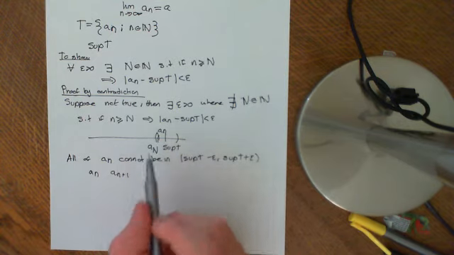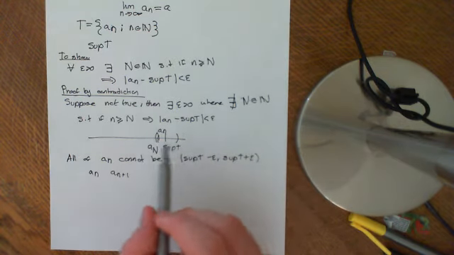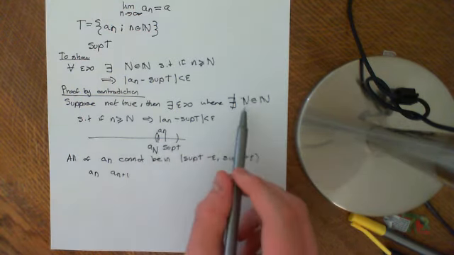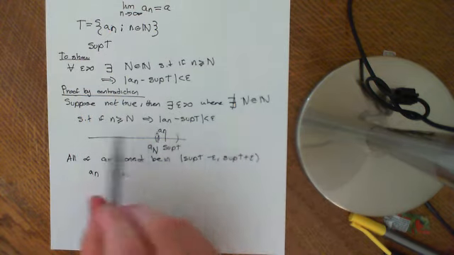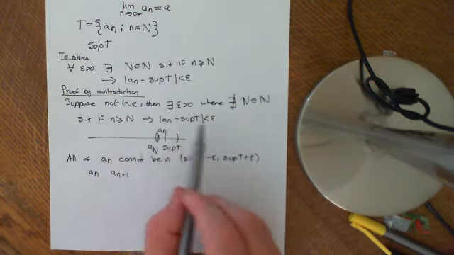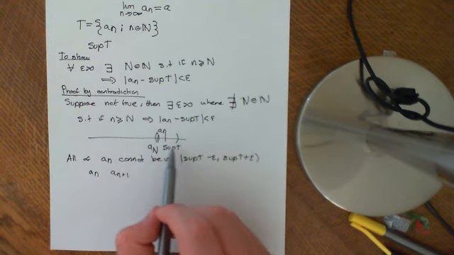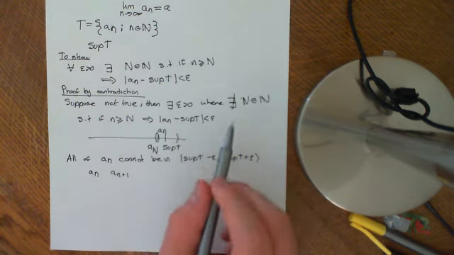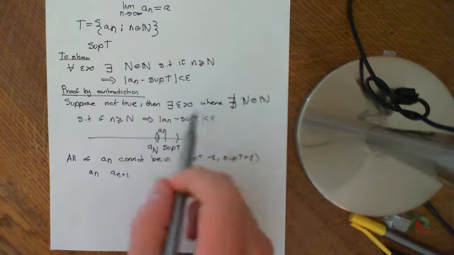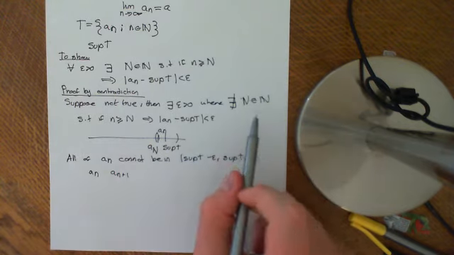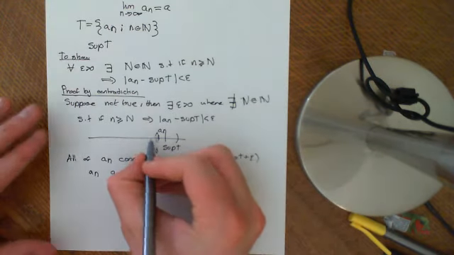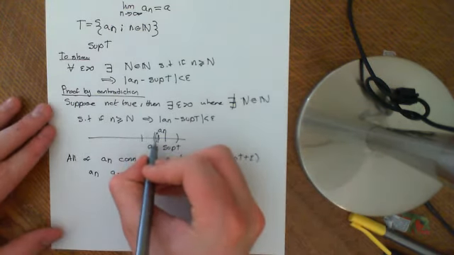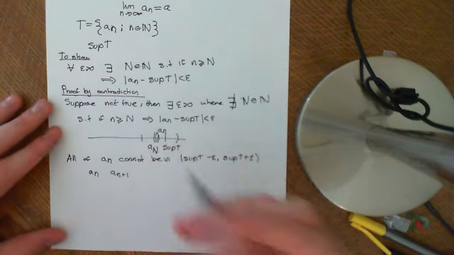That would imply that there was a point big N, an element of the natural numbers, such that all the points after that are elements of this interval. So if we're assuming that it's not true, then it must imply that all of the points are outside of this interval, which means that they're below it.